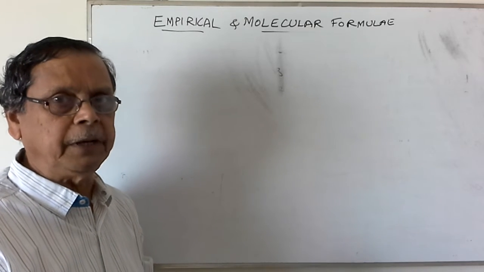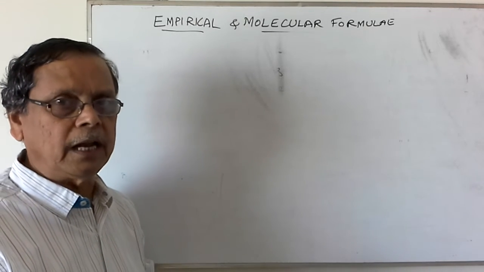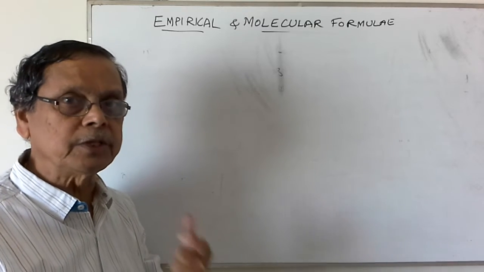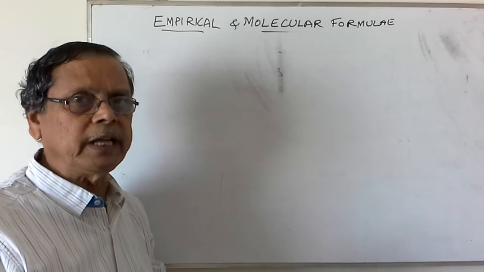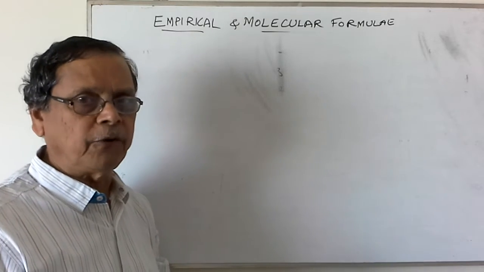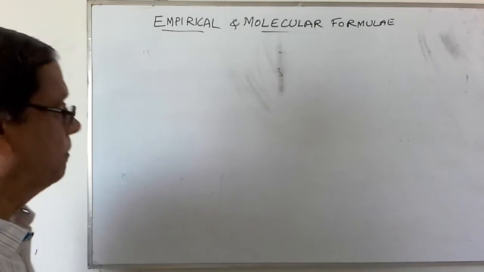Once you calculate the empirical formula, then you have to calculate the molecular formula by using the molecular mass and empirical formula mass. But before that, to calculate the empirical formula itself, we have some steps.